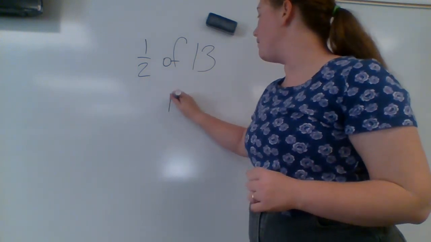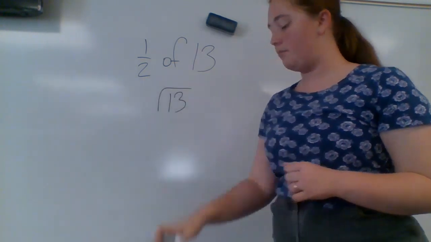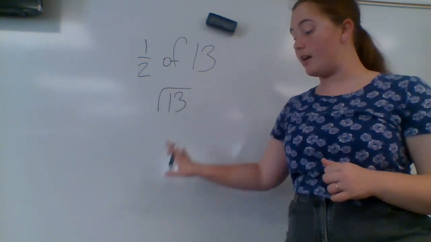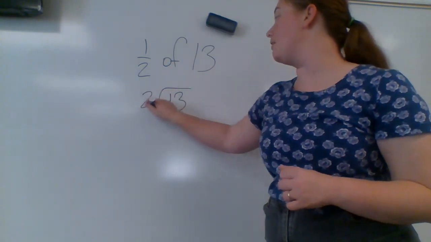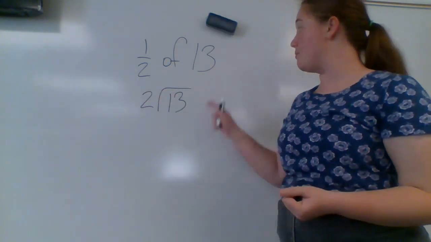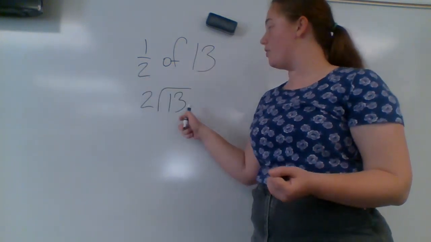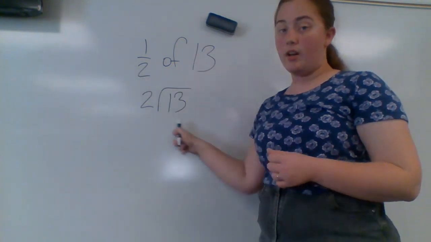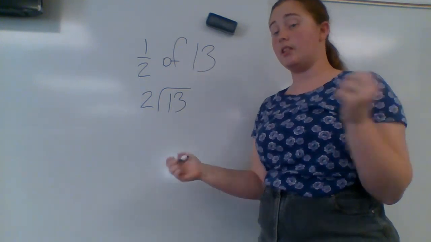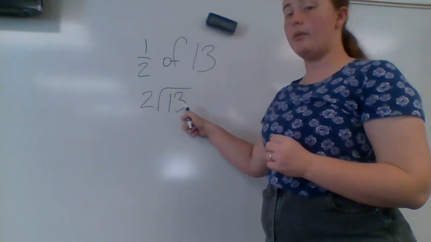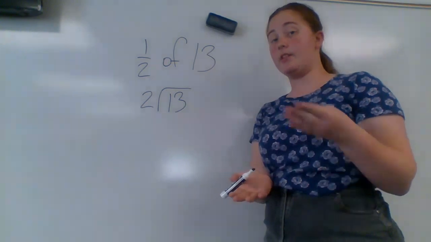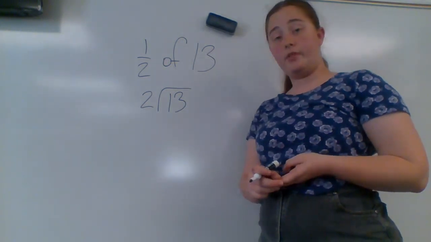So I would have, and below in your book, it does have it written this way, 13 divided by 2. Because remember, you're just taking this number right here and dividing it by this number right here. So 13 divided by 2. Now, we already know it's not going to go into it evenly. So we'll say 2 will go into 13 how many times? Go ahead and tell me. Right.